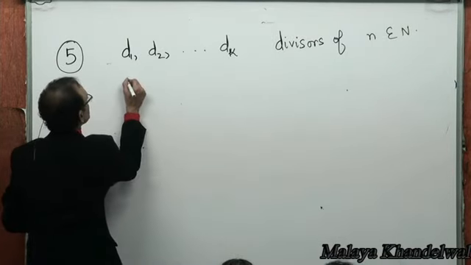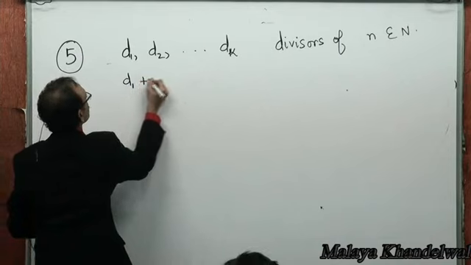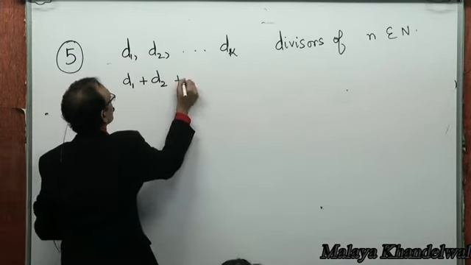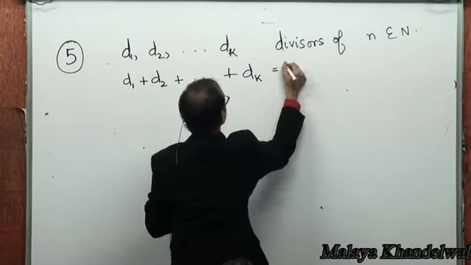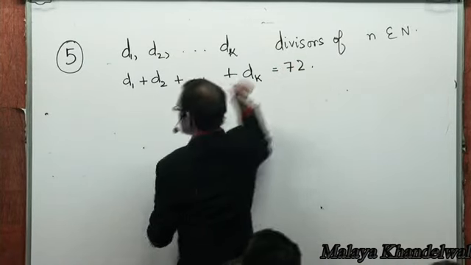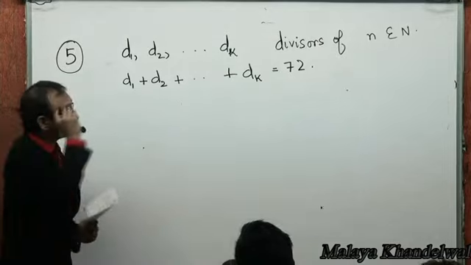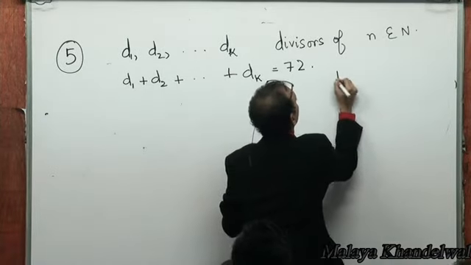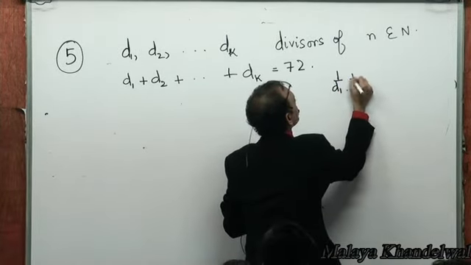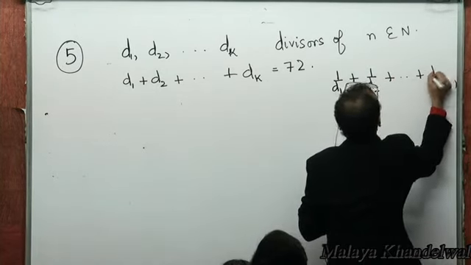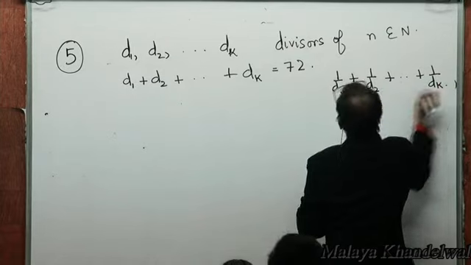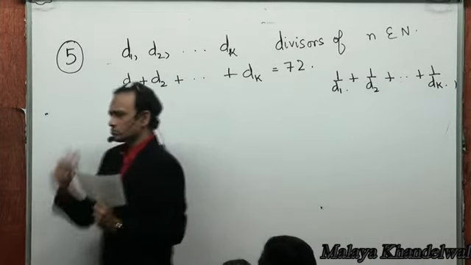And it's given that the sum of these divisors is 72. We want to find 1 by d1 plus 1 by d2 plus 1 by dk. Now answer this question.